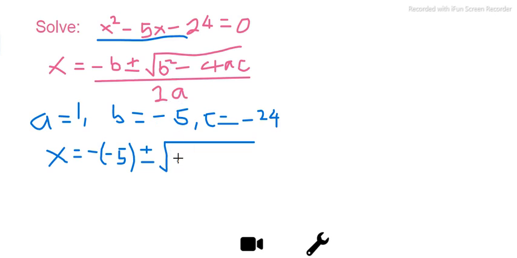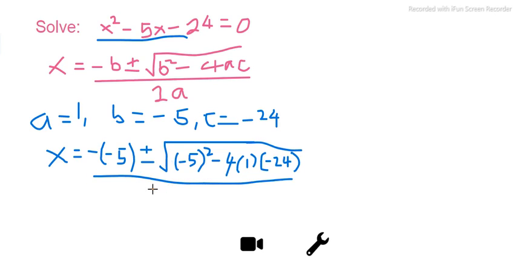Our b is -5, so put it in bracket, -5, all squared, minus 4ac. 4ac means 4 times a times c, so 4 times a which is 1, we put it in bracket. c is -24, we also put that in bracket. We close the bracket, so our square root still covers this. Everything is divided by 2a. a is 1.